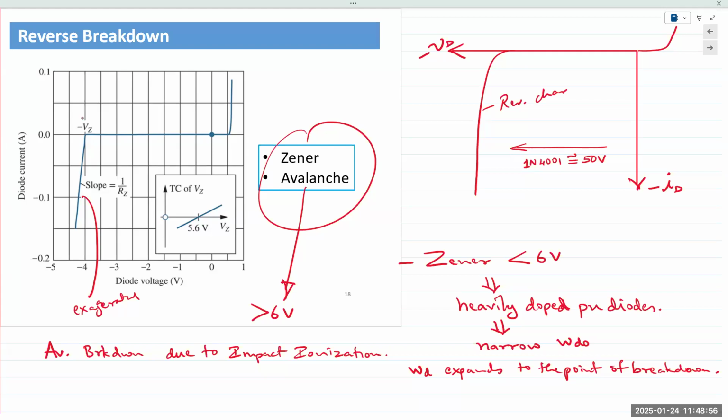But it is generally referred to that all reverse bias breakdowns are Zener breakdowns, even though technically they are two separate mechanisms. So you have Zener diodes that are rated like 2 volts, 3 volts, 5 volts, 6 volts. And there are Zener diodes that are rated for 9, 10, 11, 12, and higher voltages. But technically, the avalanche effect dominates at larger than 6 volts.